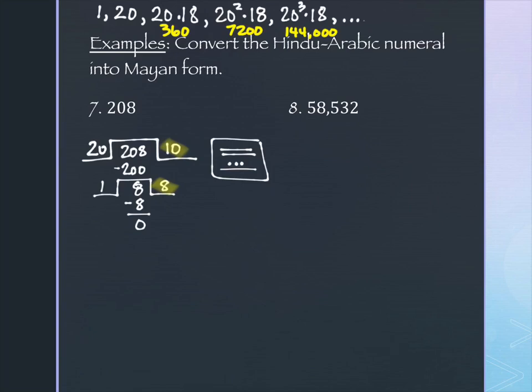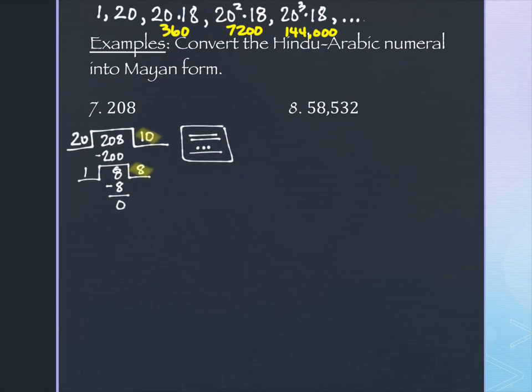Okay, ready to do one a little bit bigger? 58,532. I'm going to shift this over just a little. So what is the first value I will divide my 58,532 by? 7,200 is it, yes. So if I divide it by 7,200, how many times will 7,200 go into 58,532? 8.